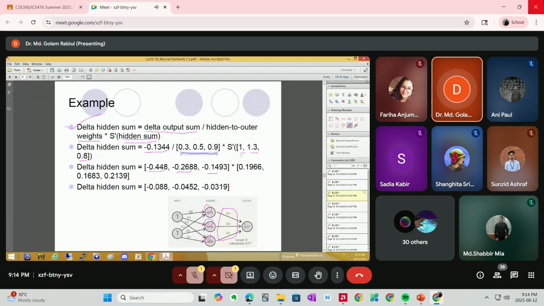The derivative of the sigmoid of 1, we will get 0.1966. How can we calculate that? The sigmoid of 1, we already know, is 0.73. Then the derivative of the sigmoid of 1 will be 0.73 times 1 minus 0.73.